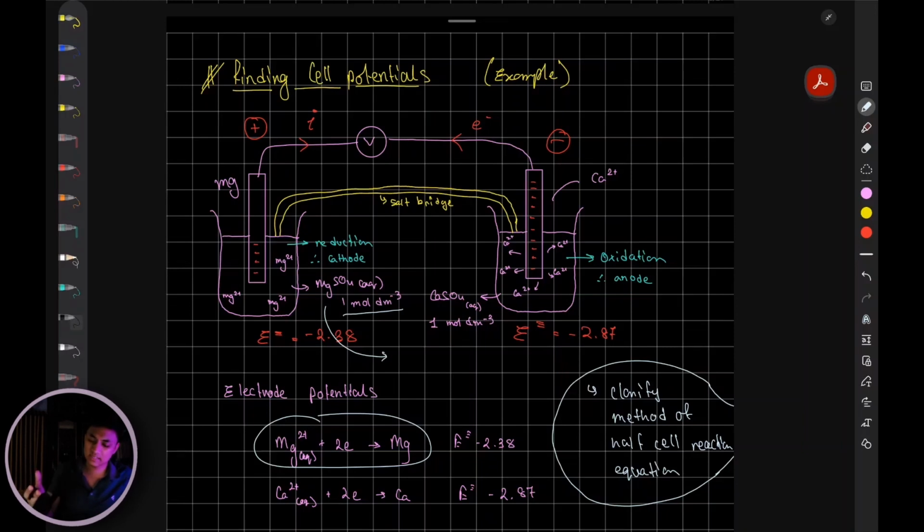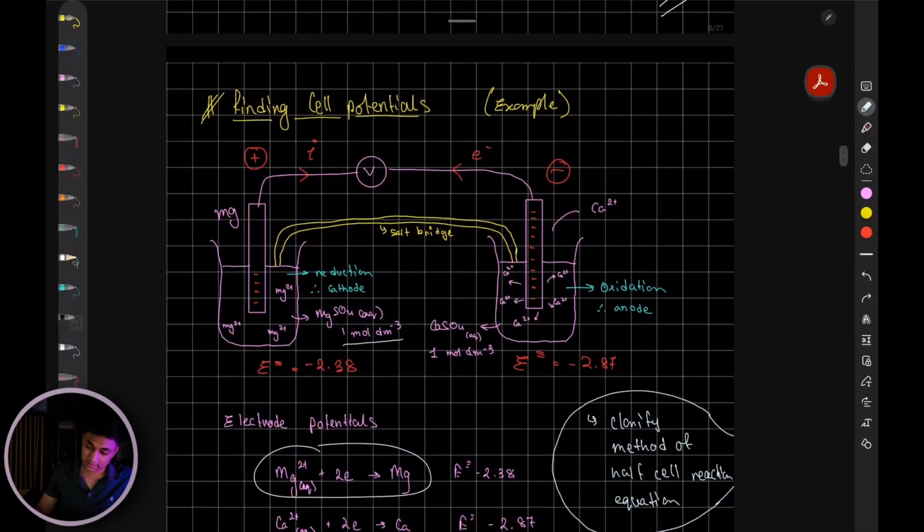You can take any compound, let's say magnesium sulfate, and dissolve it in water to create a solution of magnesium ions, right? So you can dissolve 1 mole per dm cube of magnesium sulfate to get 1 mole per dm cube of magnesium ions.